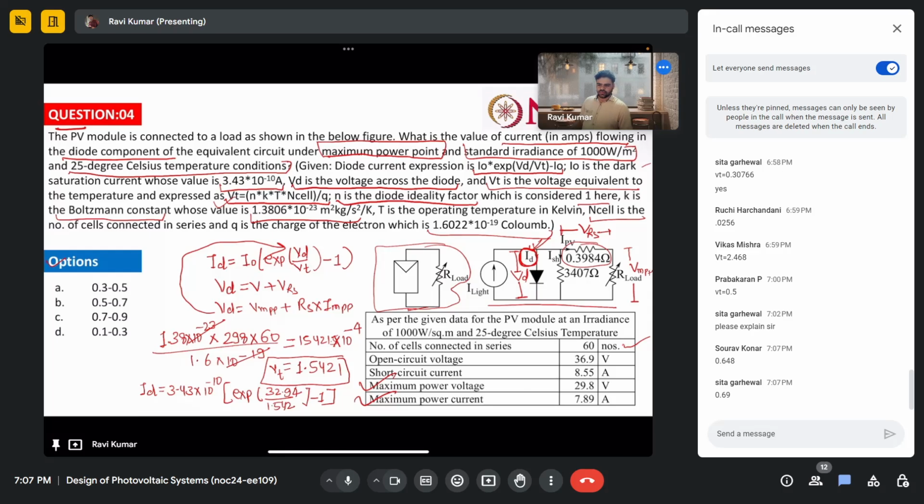Sita, according to Sita as well, it's B. Prabhakaran, Vikas, Ruchi, are you guys calculating?